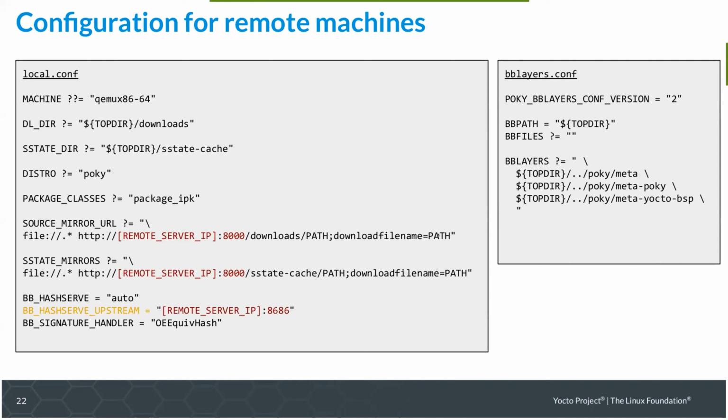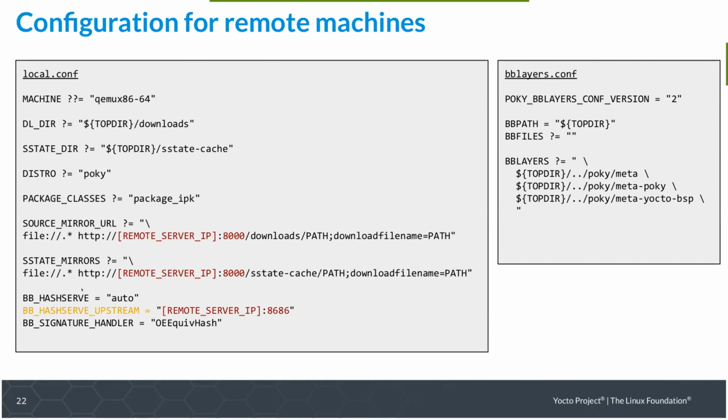This is the standard. So for the state cache, you're going to do the same thing: the IP of the remote machine, the port, and the folder where your state cache is. And finally, you're going to configure the hash server upstream.